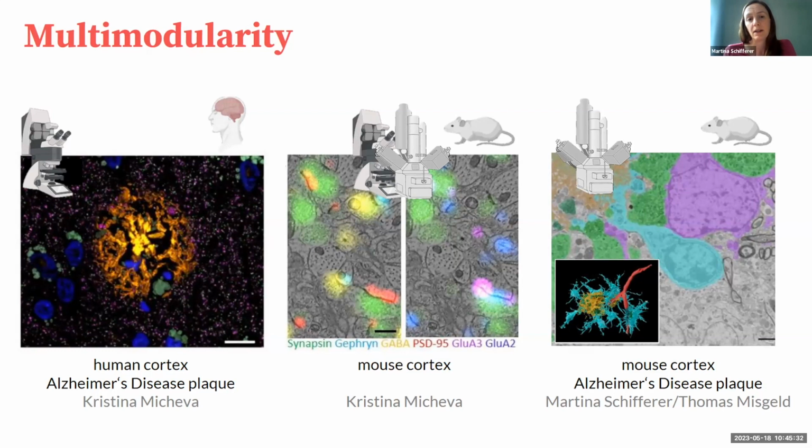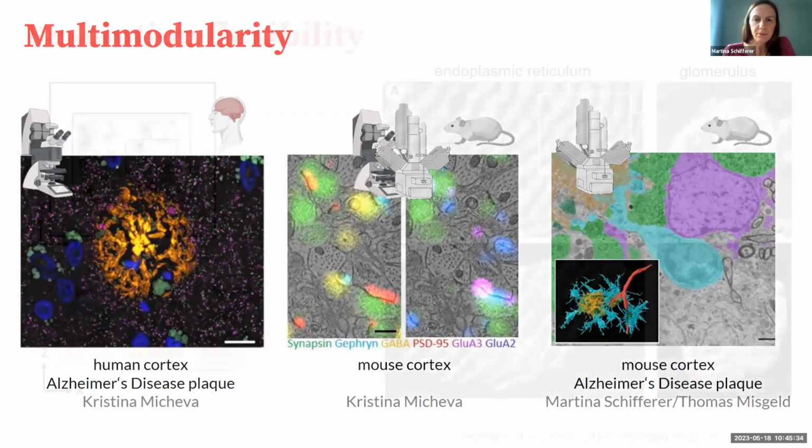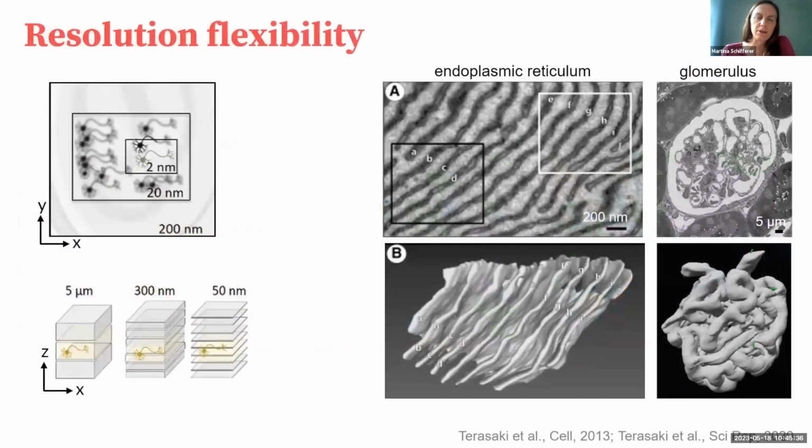So it's quite versatile, and this also is true for the resolution. So both lateral and axial resolution, we are quite flexible. With hierarchical imaging, we can have overview maps and then zoom into a certain region.